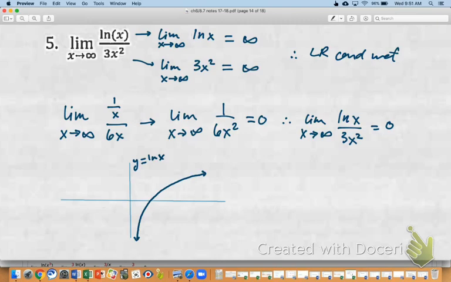And if I were to look at a graph of its derivative, as you know, 1 over x does this. Oh, sorry, that's not a very good graph. Come on. Does that make sense, Andy?